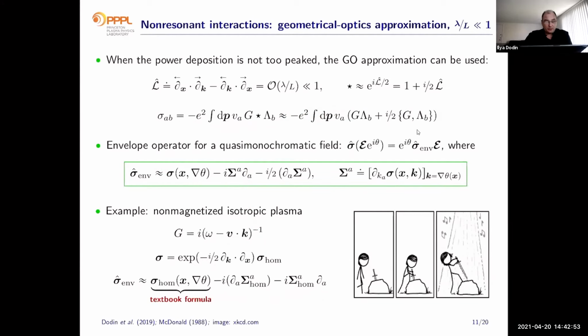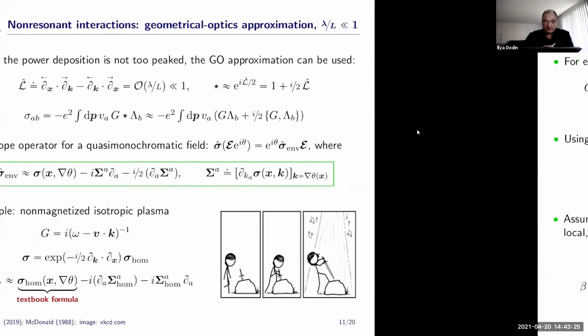These terms are important to keep because this is what keeps the energy conservation. If you neglect them, you will completely mess up the calculation of the power absorption, because power absorption is weak. Once you have mixed a strong dispersive effect with weak dissipation, you completely mess up the dissipation. You have to be very careful about keeping dissipation and dispersion separate.